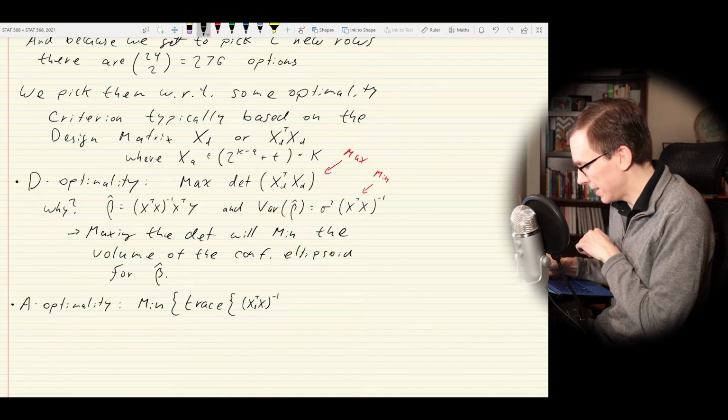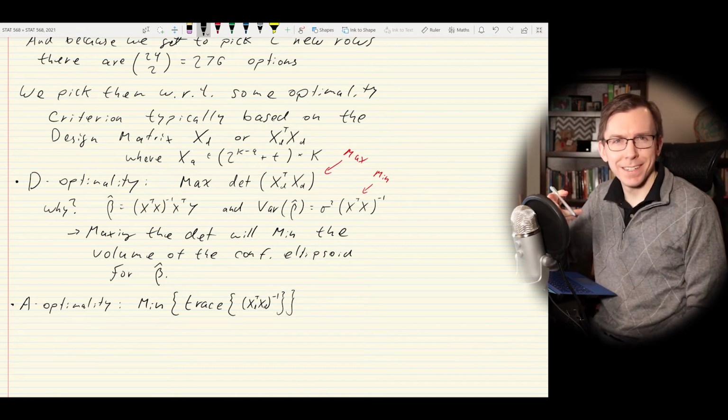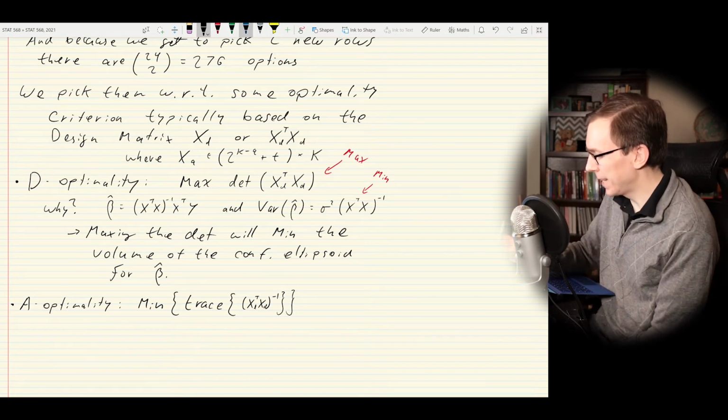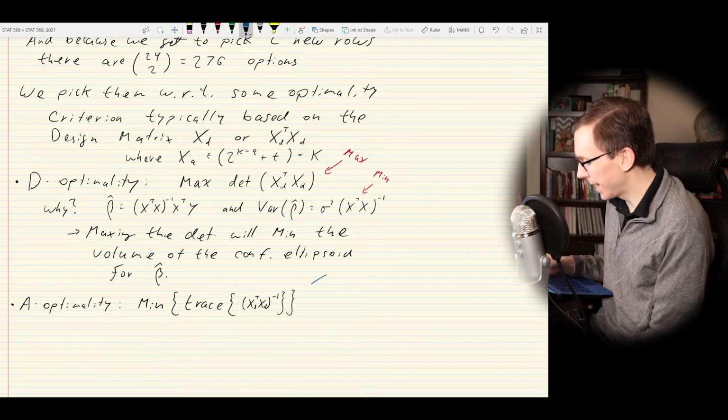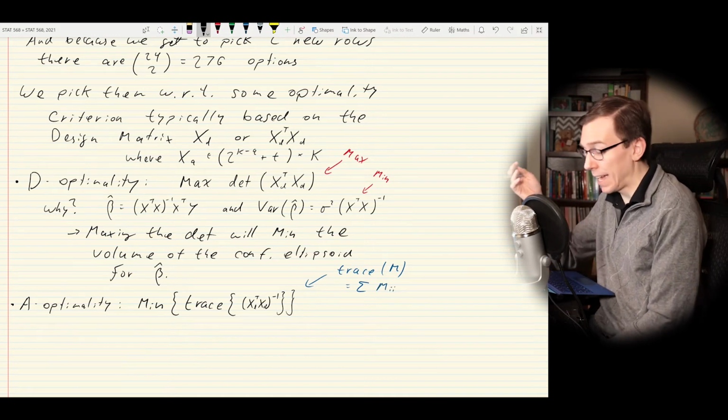Do you remember what the trace of a matrix is? The trace of a matrix is the sum of the diagonal. The trace of M is the sum of the M_ii. It's the sum of the elements on the diagonal.